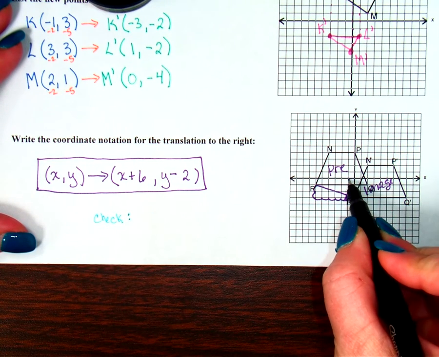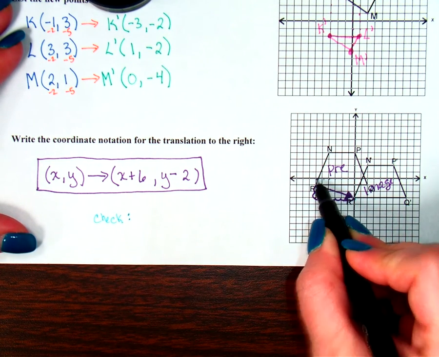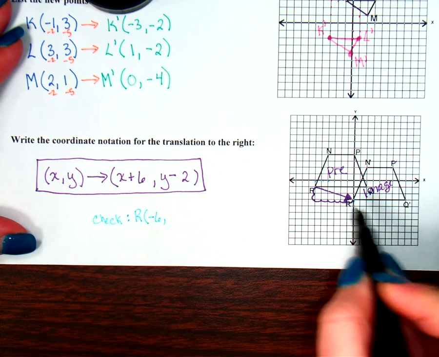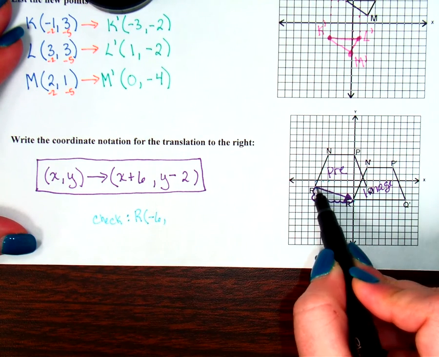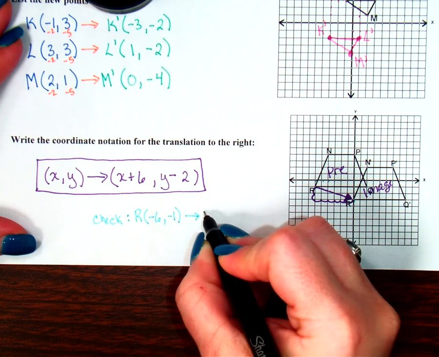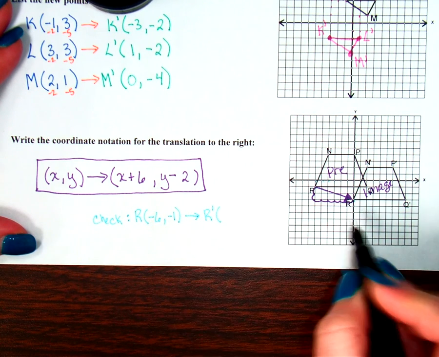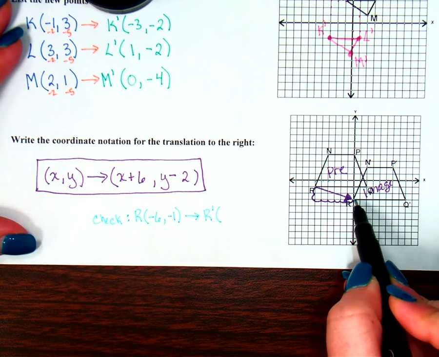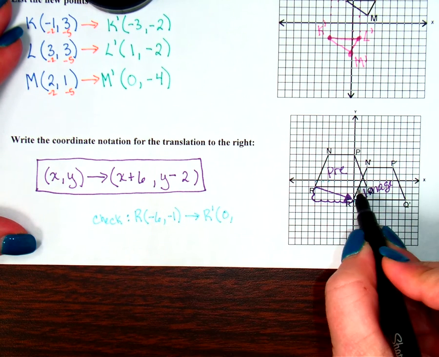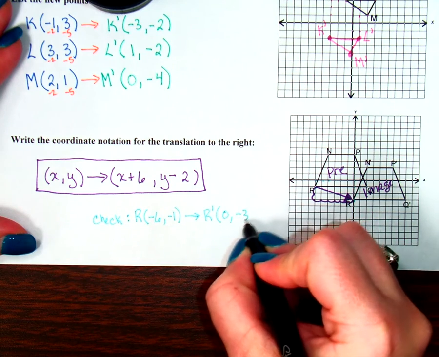R is at negative 6, negative 1, and R prime is at 0, negative 3.